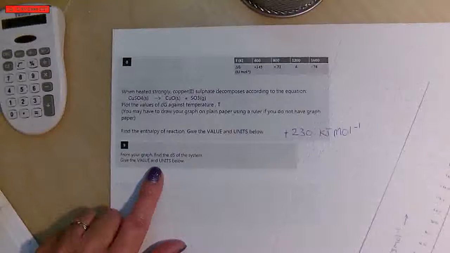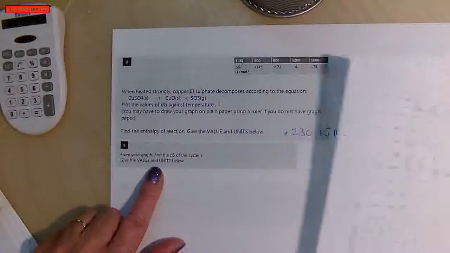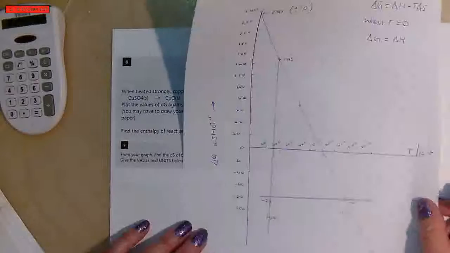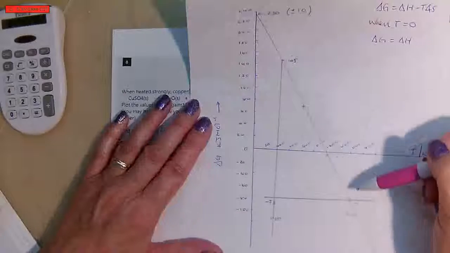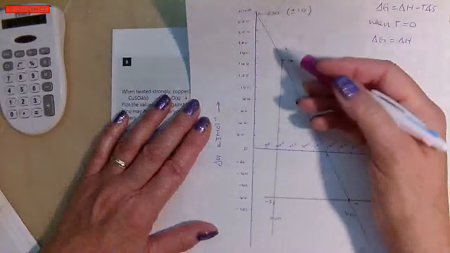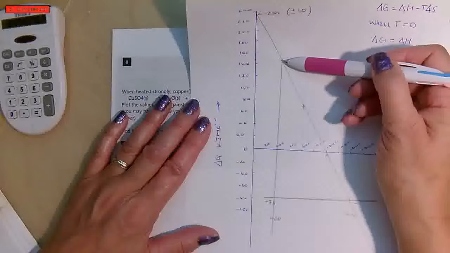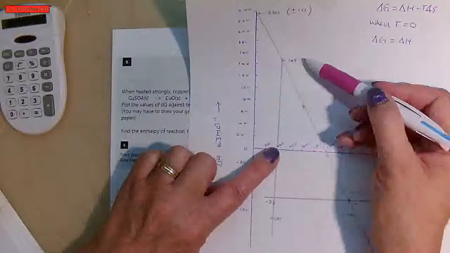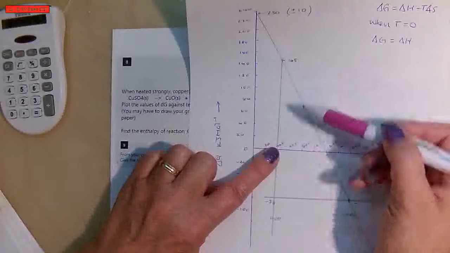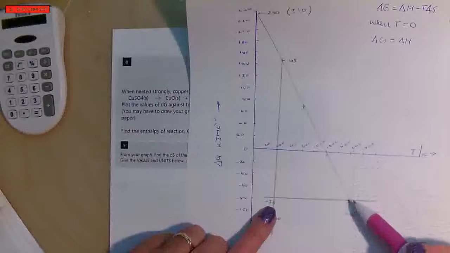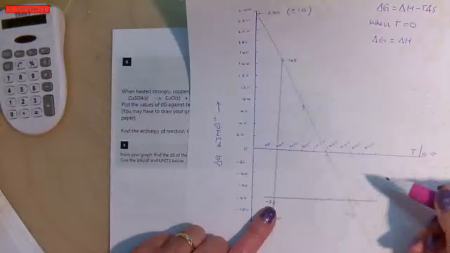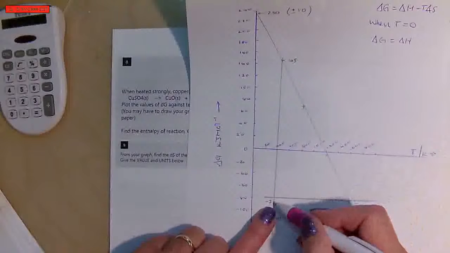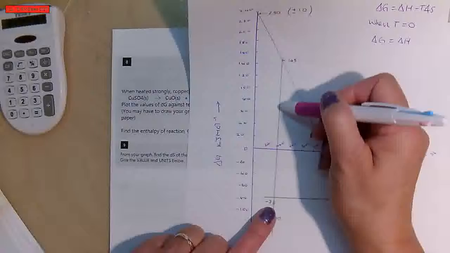It says from your graph find delta S of the system. Well, that's just a straight gradient, and all I've done is I've actually used the points they've given me, because obviously my graph isn't so fantastic. So at 400 the temperature was, sorry, the delta G was 145, and at 1600 the delta G was minus 78.